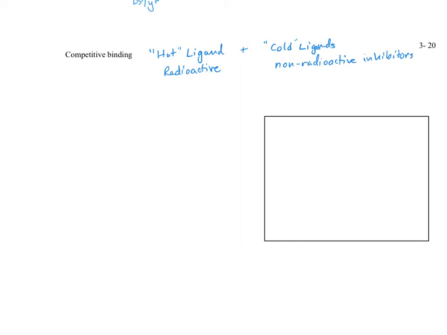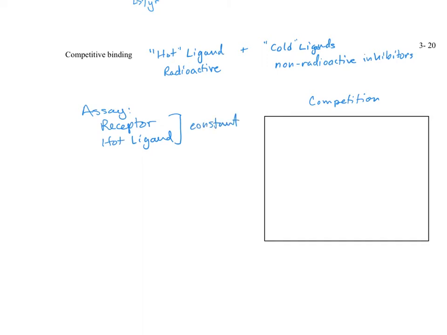Well, we're going to do a competition assay. It's really easy, actually. In the assay, we are going to have receptor, just like we did on the previous page. We're going to have a hot ligand, such as radioactive insulin, and you're going to put these together in a constant combination.